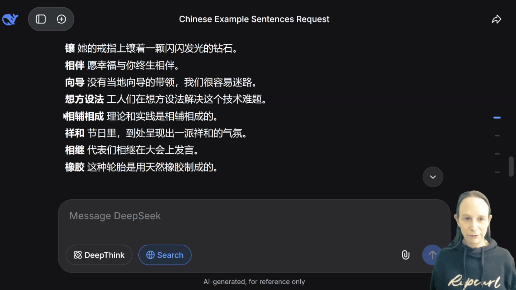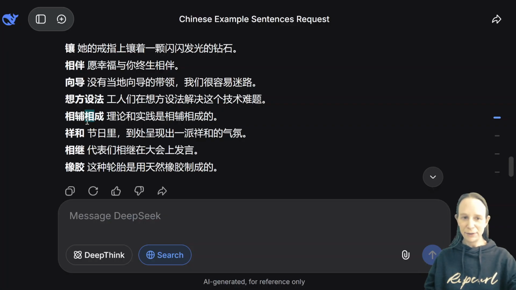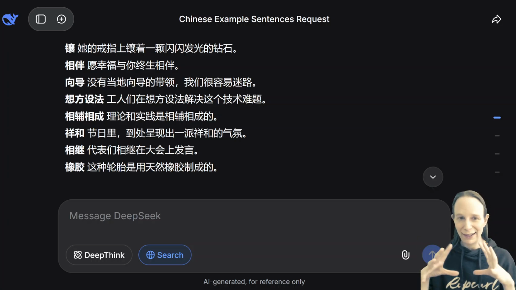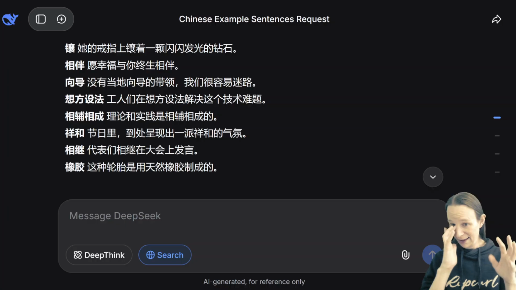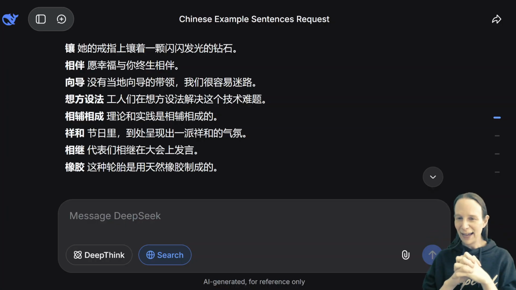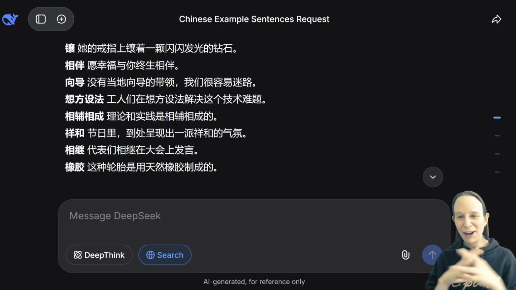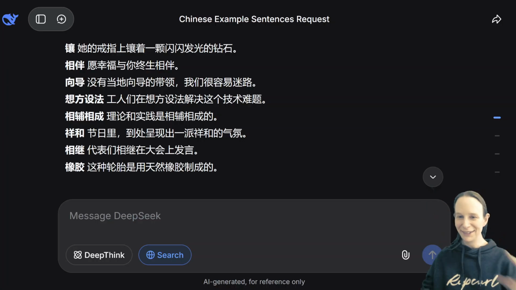Okay, 相辅相成. So the 相 we saw, right? Mutual. 辅, we saw 辅助, to assist. 成, I guess 成 here is 成就 or something like this. So you have a kind of symbiotic relationship where each helps the other and you benefit more than you lose.